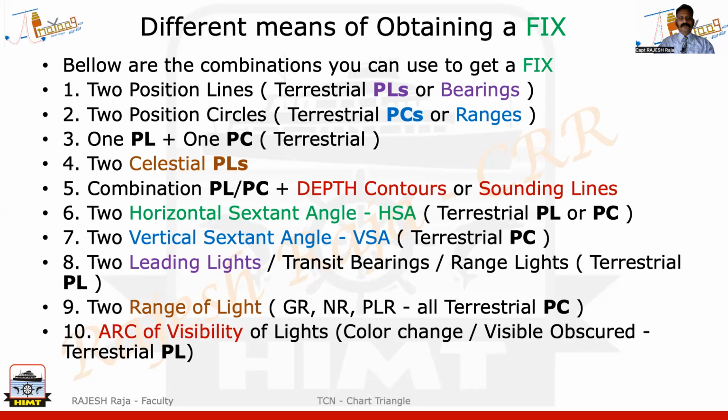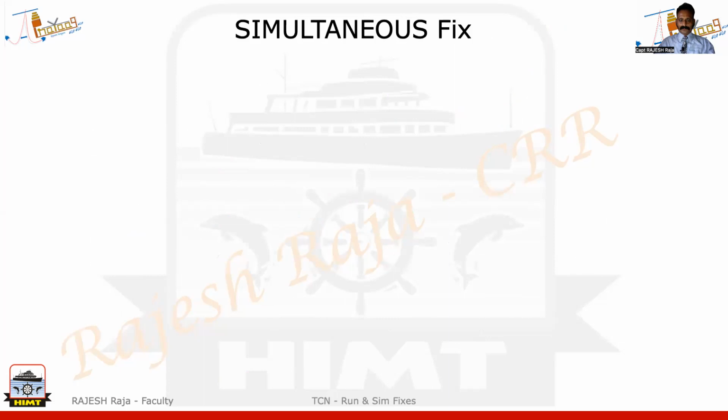I'll be dealing with most of them, not all, most of them I'll show you. And of course, the last one is the most popular, giving you one latitude and one longitude, two of them together. So I can call each one of them a position line also.